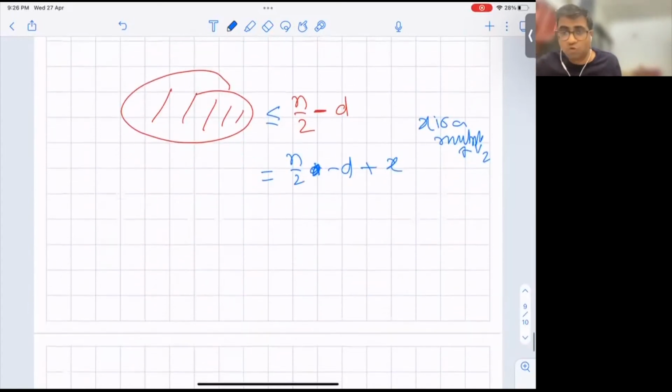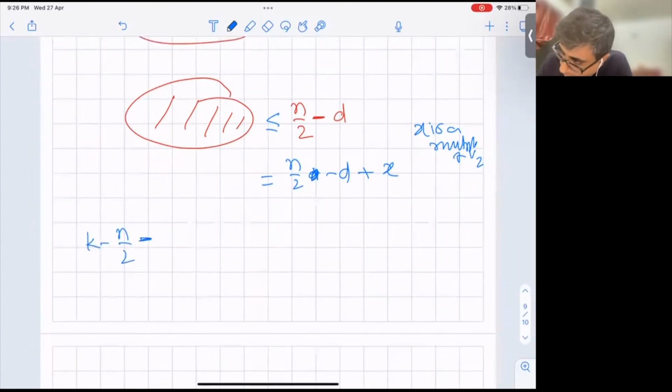Now let's go back and try to put these values in and see what values I need and how we can get that value. Okay. So our parameter is k minus n by 2. Next is minus k plus d. Is that fine?